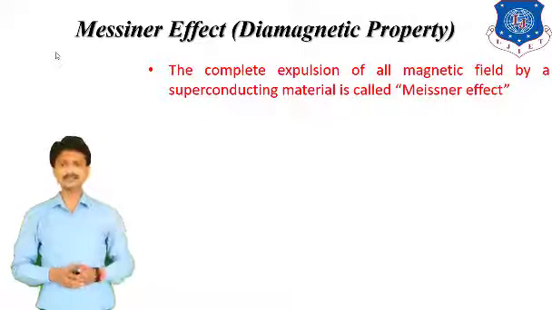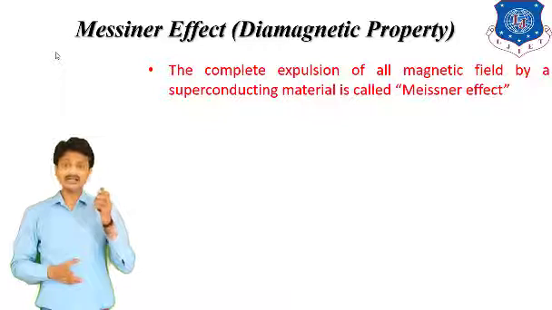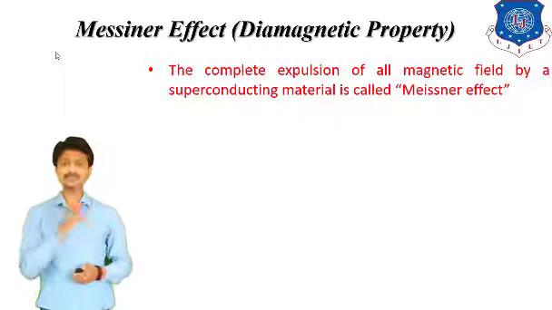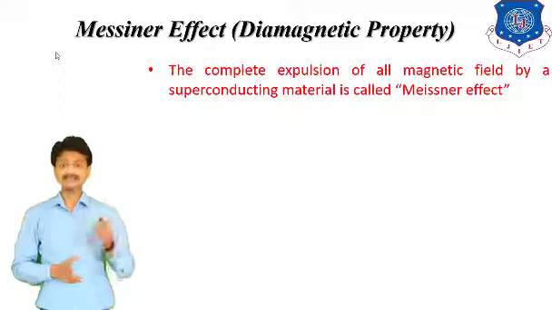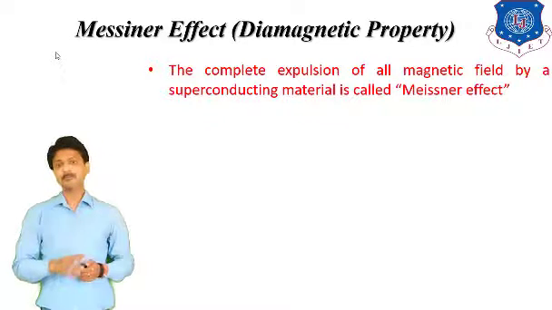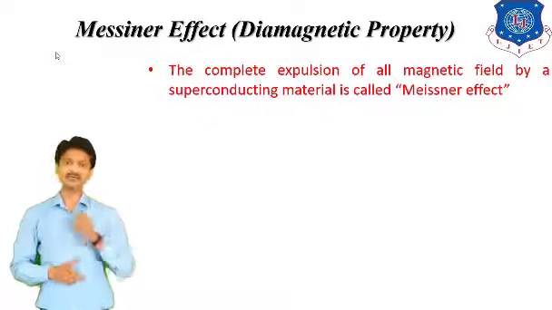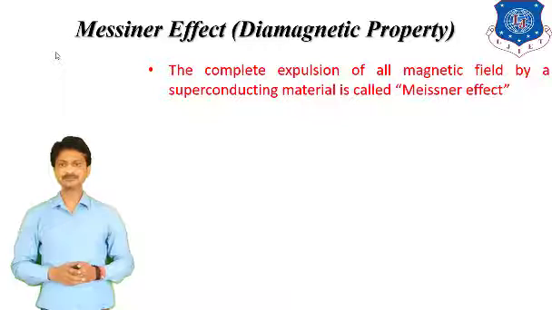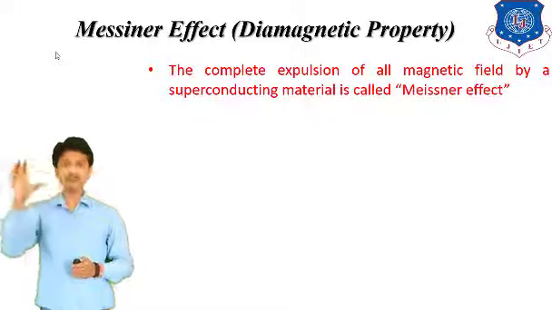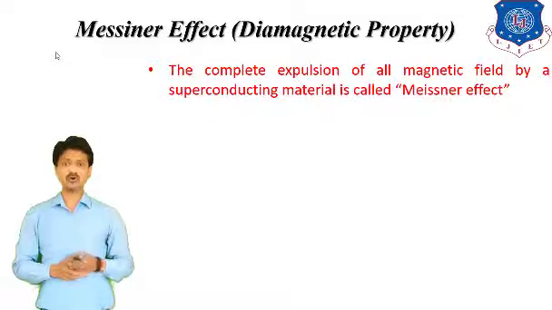In this process, the development of surface current results in the development of magnetization in the superconducting material. We know that whenever current flows through any conductor, or we can say superconductor, a magnetic field is produced around it.